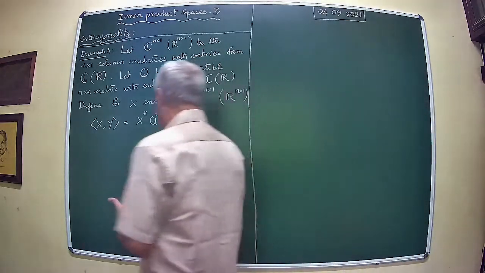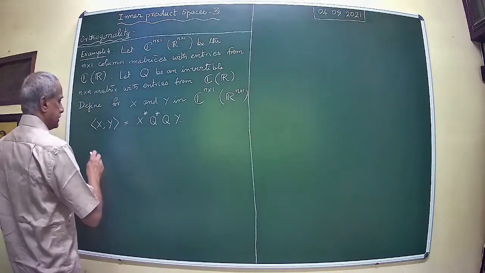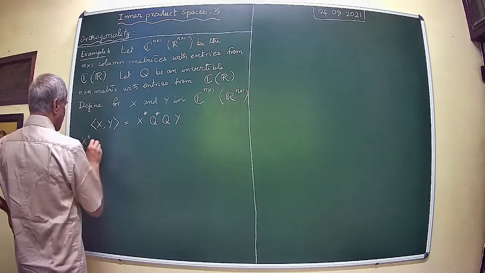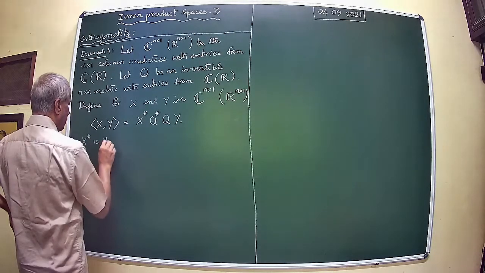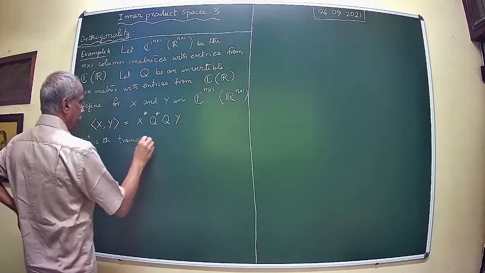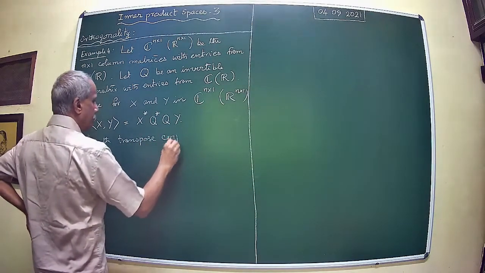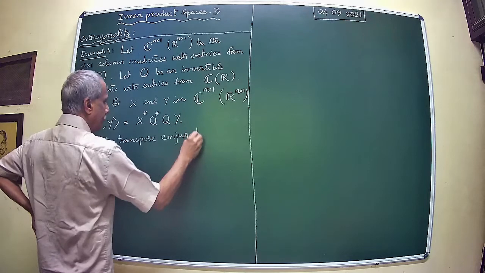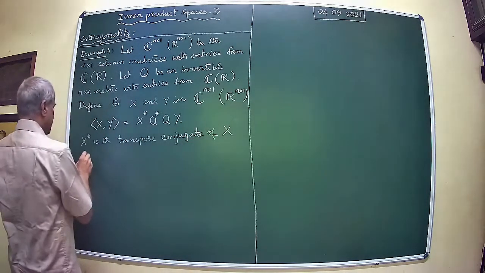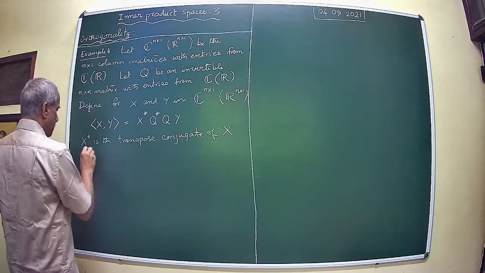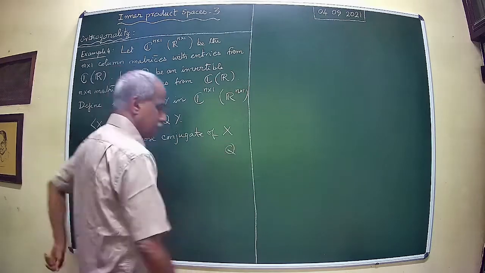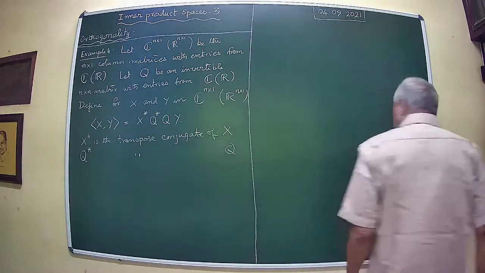Now what you have is this: x star is the conjugate transpose of x, and then Q star Q y. So what one has is this.